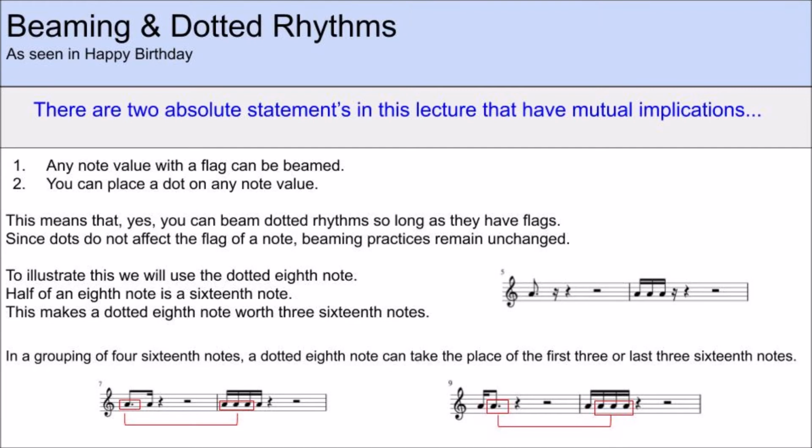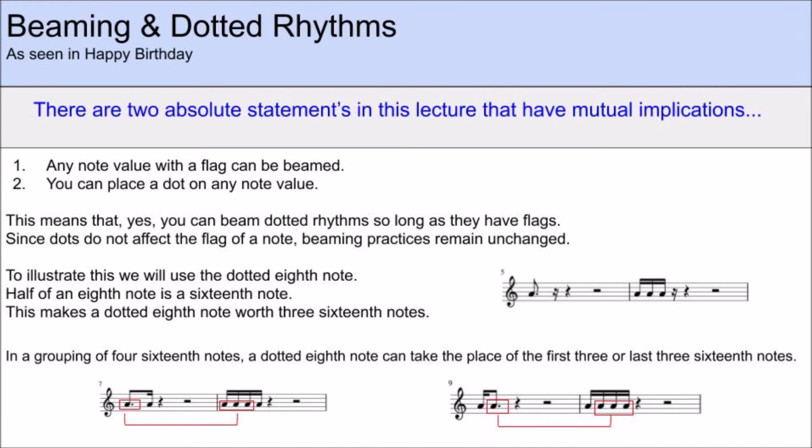To illustrate this, we will use the dotted eighth note. Half of an eighth note is a 16th note, and so when you put a dot on an eighth note, you are extending its value by a 16th note. Or a dotted eighth note is the same as 3 16th notes, as pictured here on the right side of the slide.